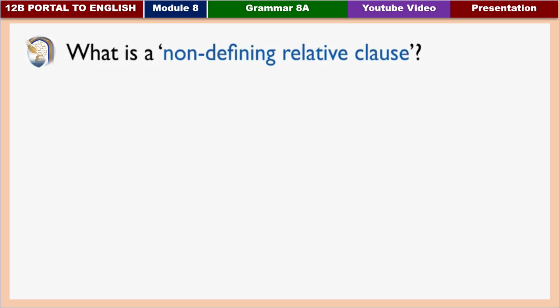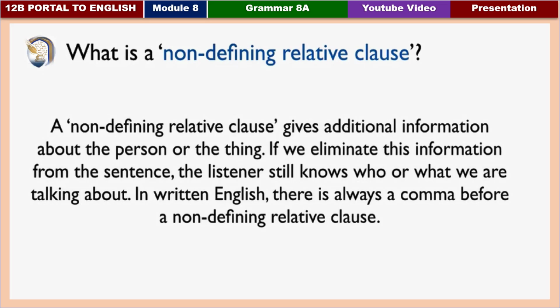So, what is a non-defining relative clause? A non-defining relative clause gives additional information about the person or the thing. If we eliminate this information from the sentence, the listener still knows who or what we're talking about. In written English, there is always a comma before a non-defining relative clause.